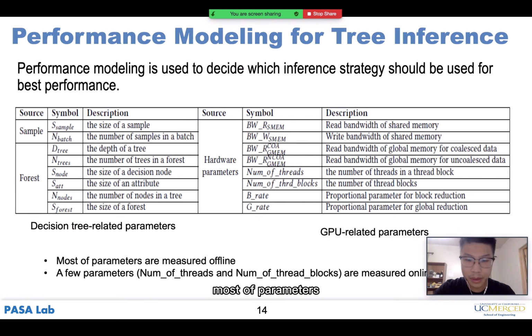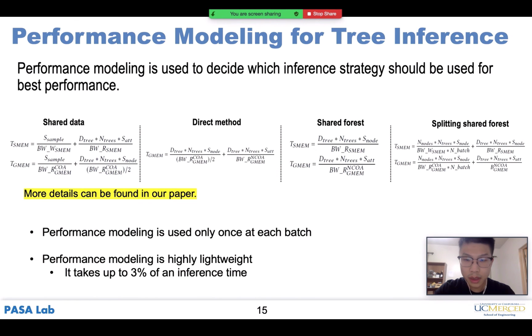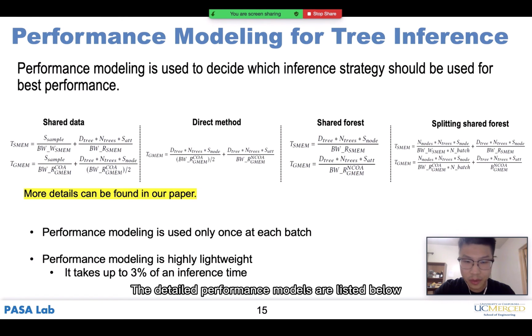A few parameters, such as number of threads and number of thread blocks, are measured online. We use performance modeling to decide which inference structure should be used online. The details of performance modeling are listed below, so you can get more explanation from our paper.